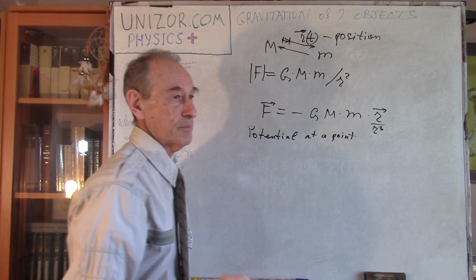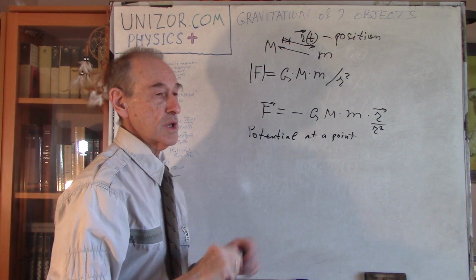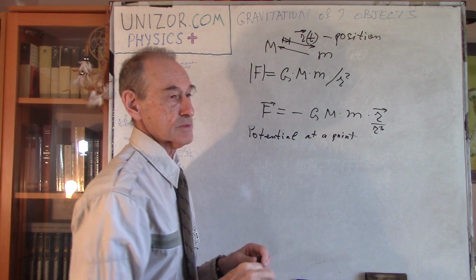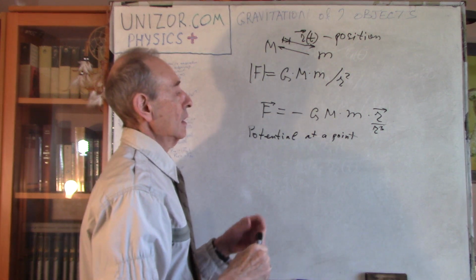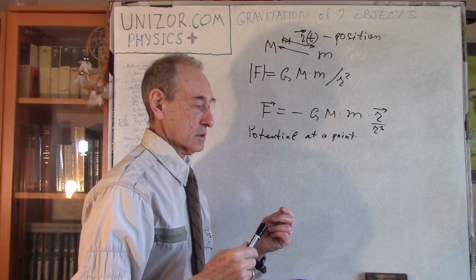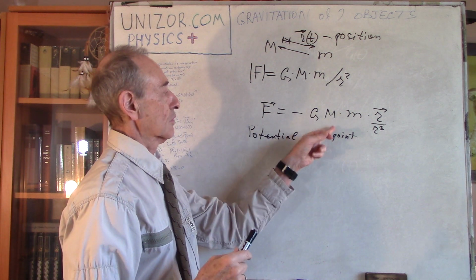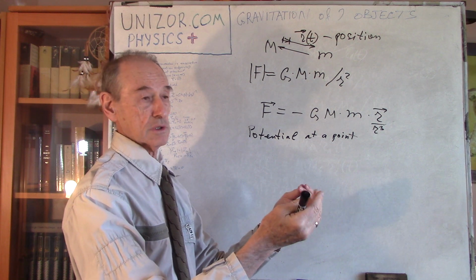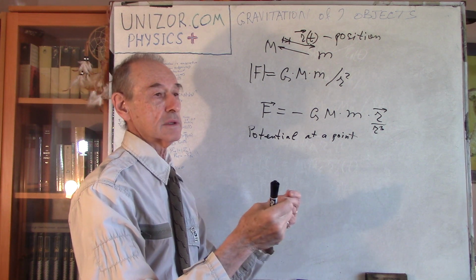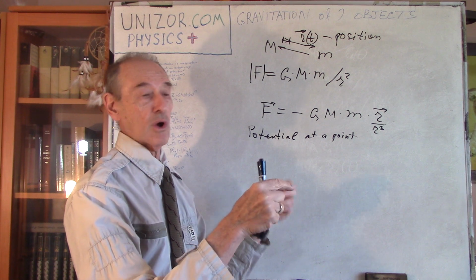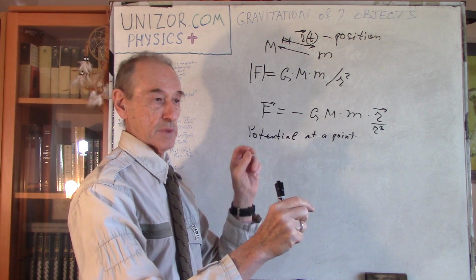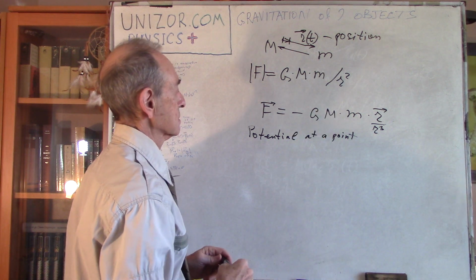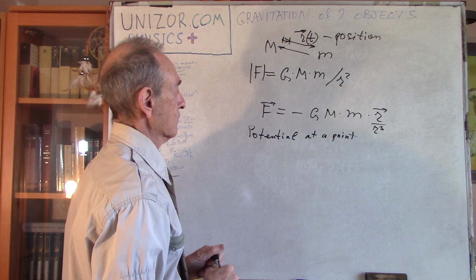So it's work. From this we discussed a few consequences. For example, the work to move an object from one point to another by the gravitational field does not depend on the trajectory, only on the endpoints, because it's a difference in potentials times mass. That's a very important part.